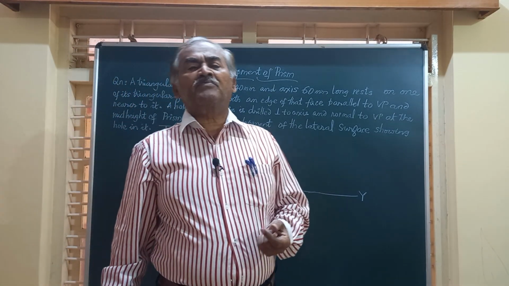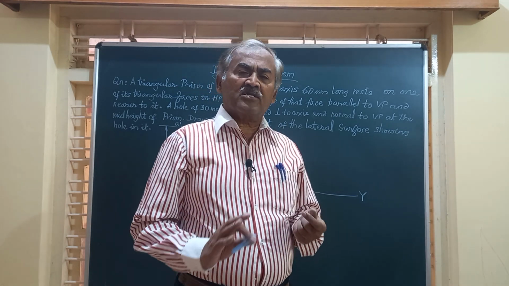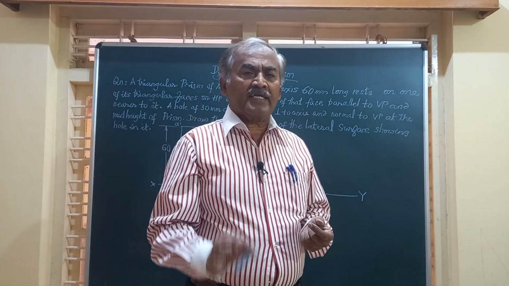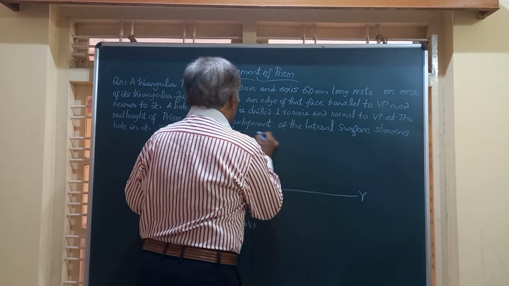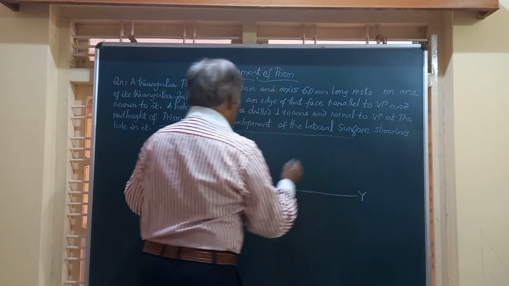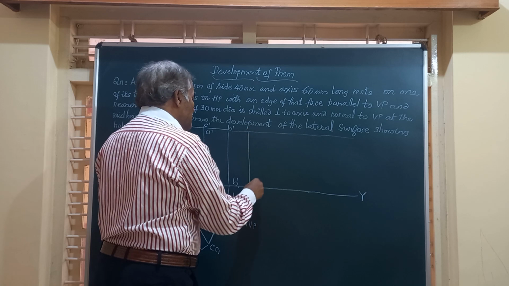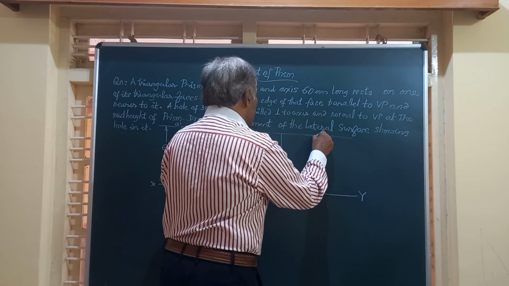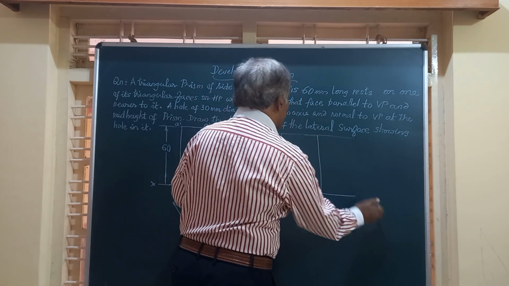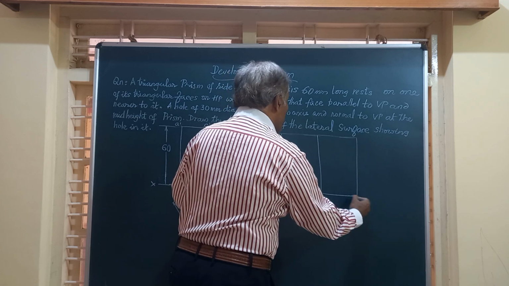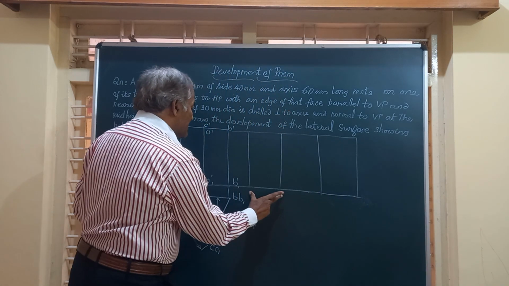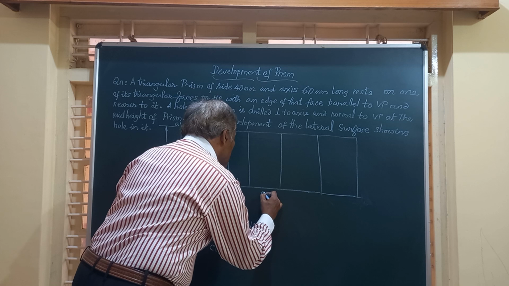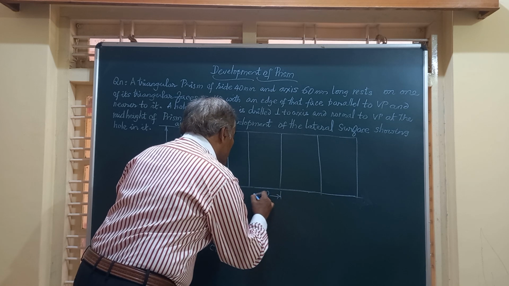Now, for a triangular prism, assuming it is not cut by any section plane, the development is going to have three vertical rectangles. So adjacent to this figure, I will construct three rectangles, and the measurement of each rectangle is 40 mm wide and 60 high.